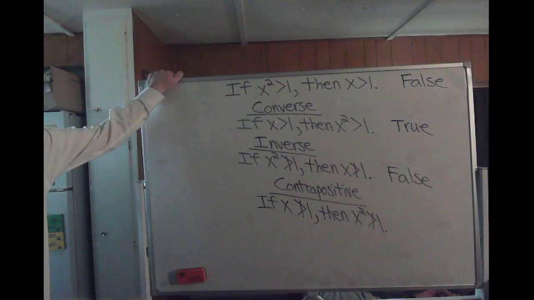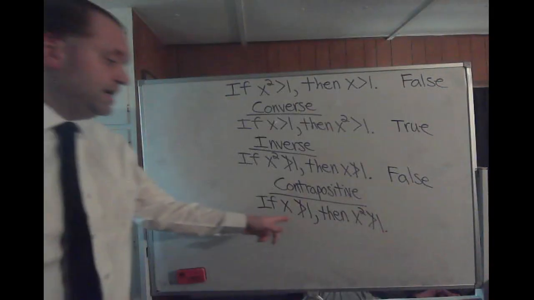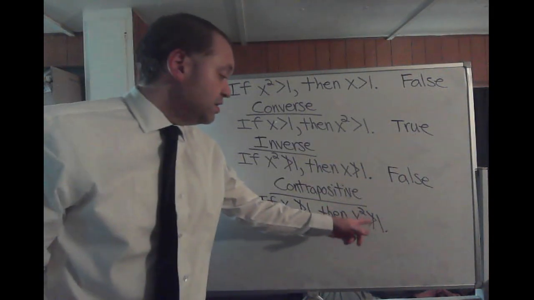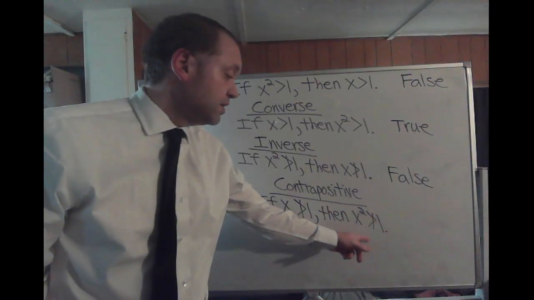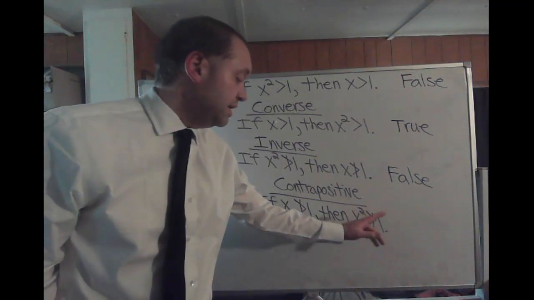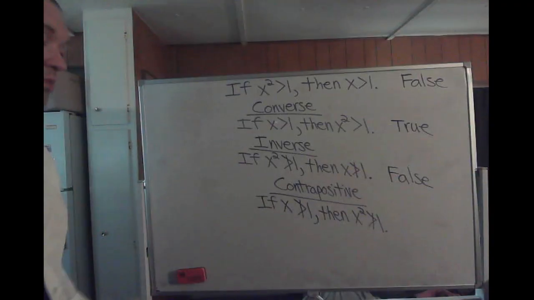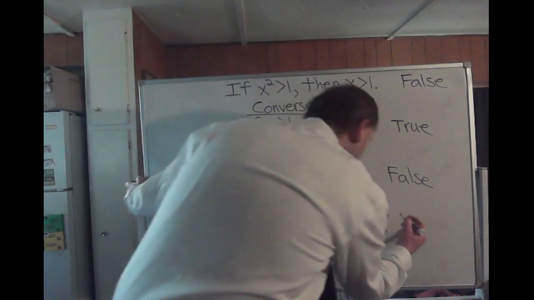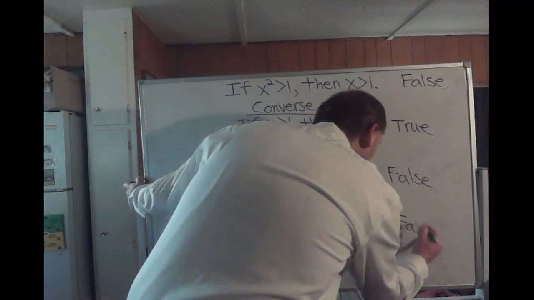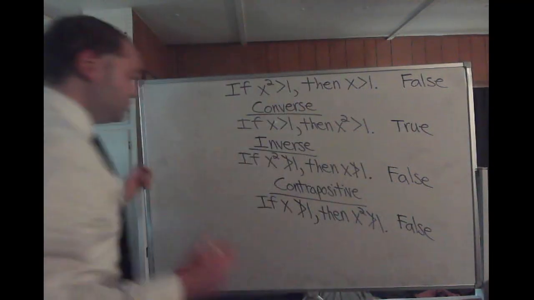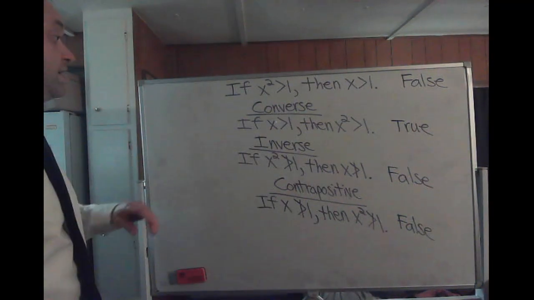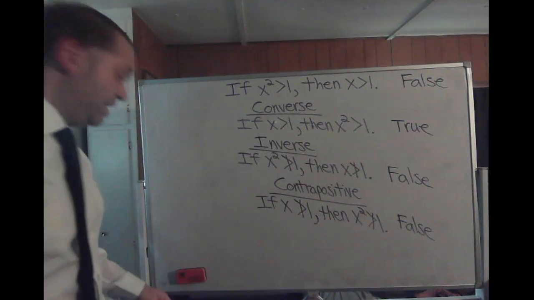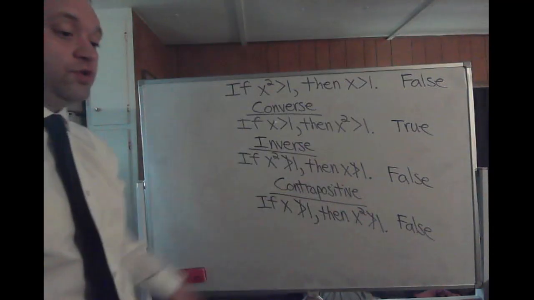What if x equaled -2? -2 is less than 1, which would give you 4, would be not greater than or equal to 1. Well, that would absolutely be a false statement. The contrapositive still holds as false. So the only true statement we got is the converse, and sometimes you'll have that where only one of them's true.